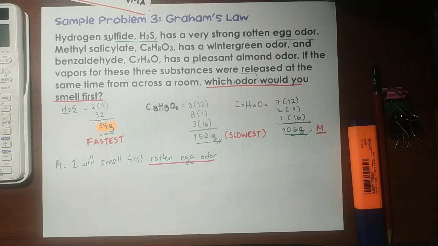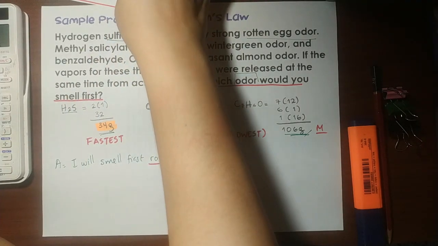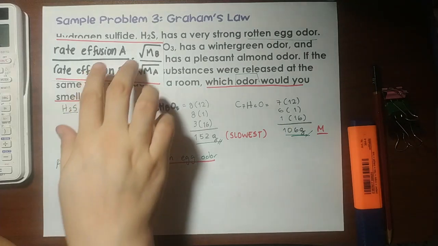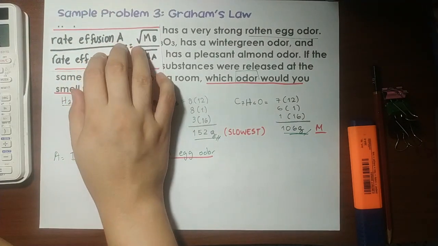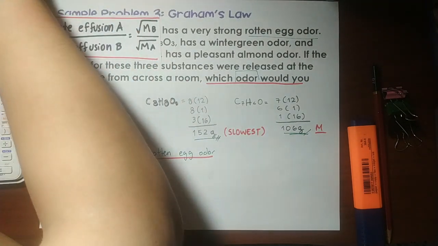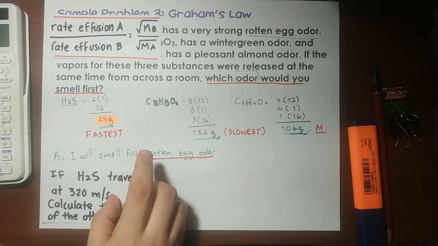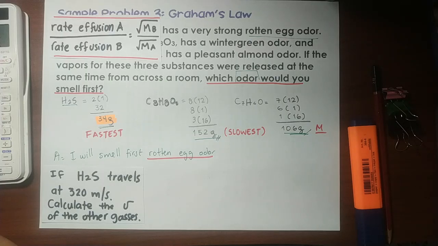If you see, I didn't use Graham's law, the equation. No, I just used the analysis that we did before. Now, but what happens, because you know Miss Martinez, what happens if I add this to the problem that says, if hydrogen sulfide travels at 320 meters per second, calculate the velocity of the other gases.